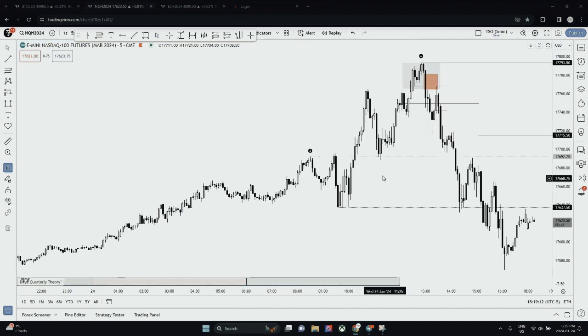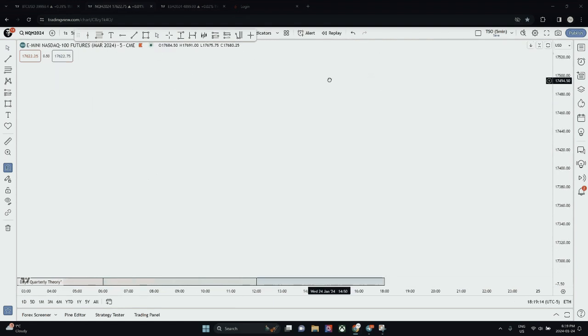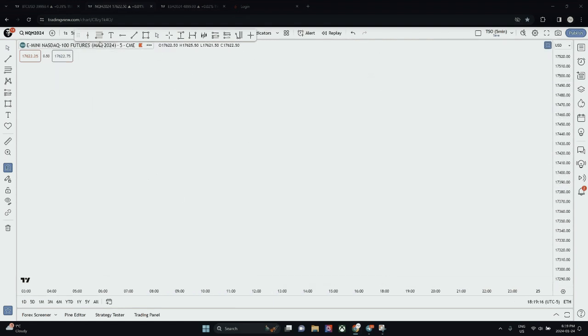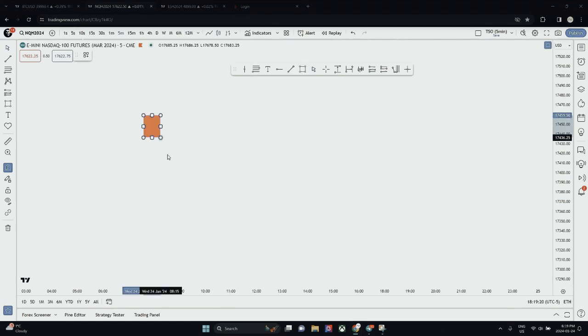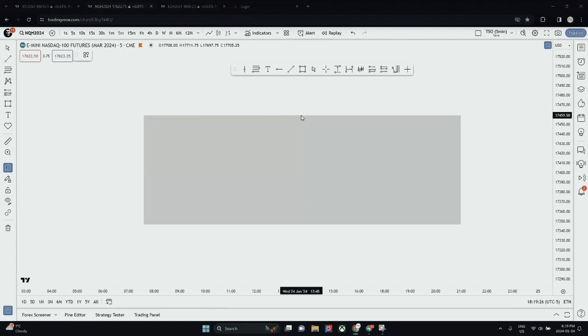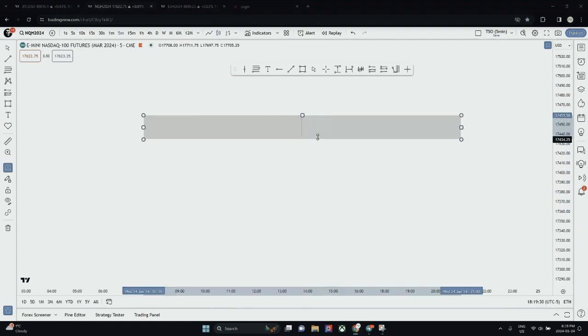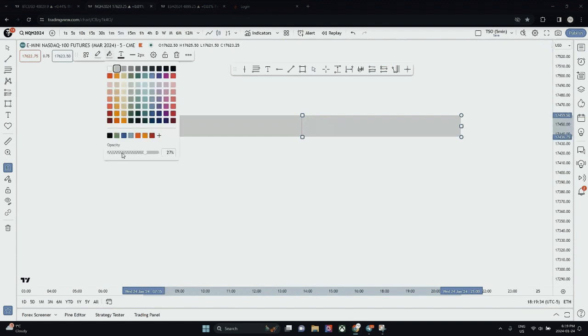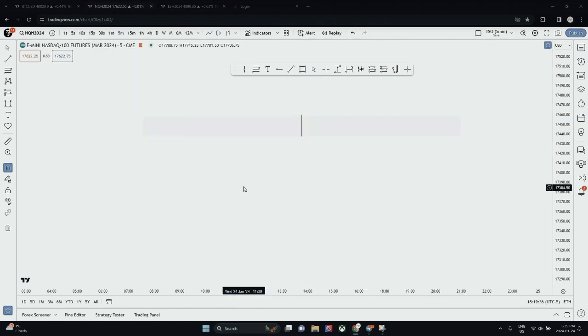And for those that don't understand this yet, I'll try to make it a little bit easier. So this is Q3.